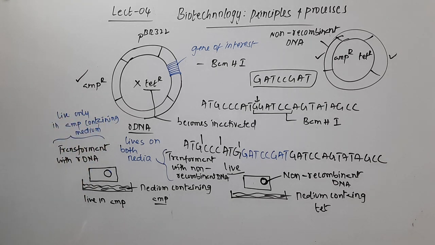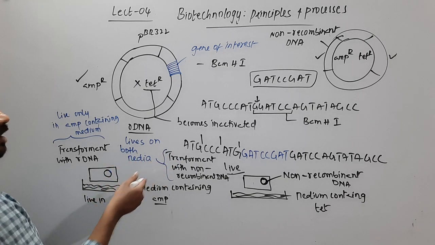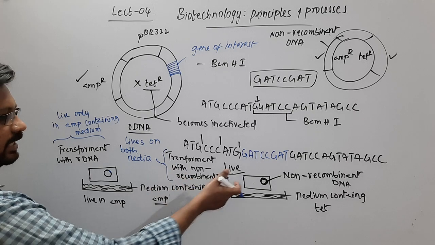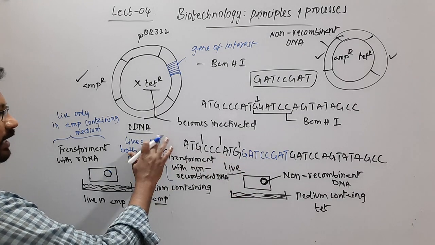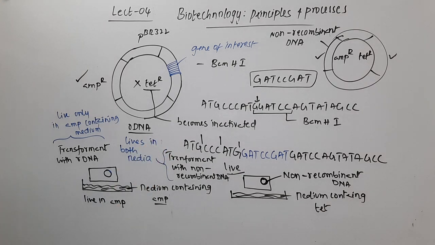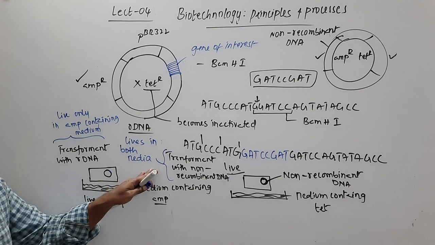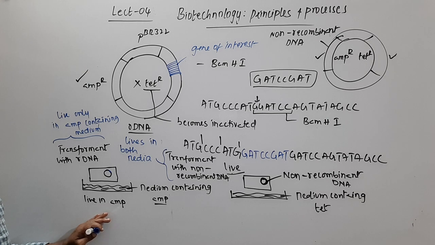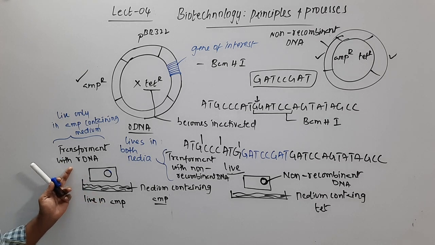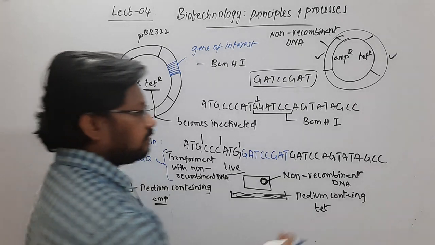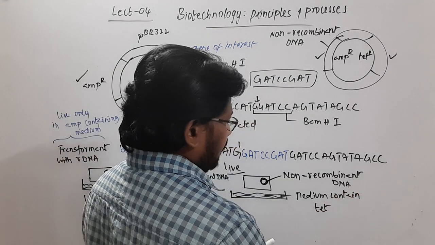The non-recombinant lives in both media, so it is able to survive in the medium containing tetracycline and also in the medium containing ampicillin, whereas the transformant with rDNA will not be able to survive in a medium containing tetracycline.